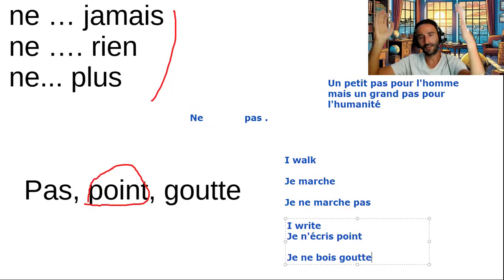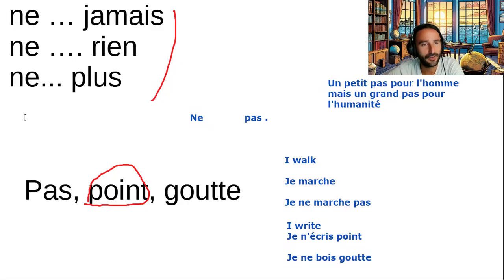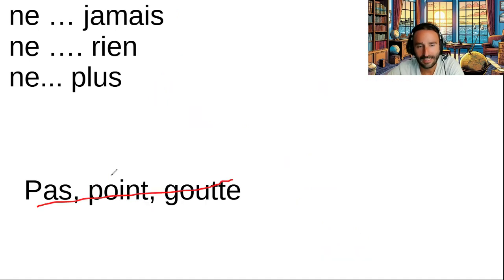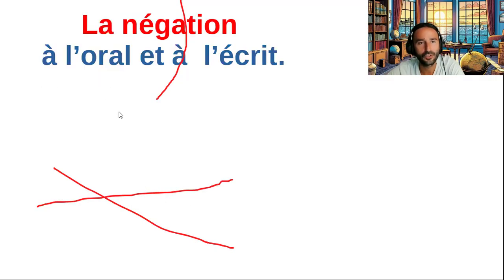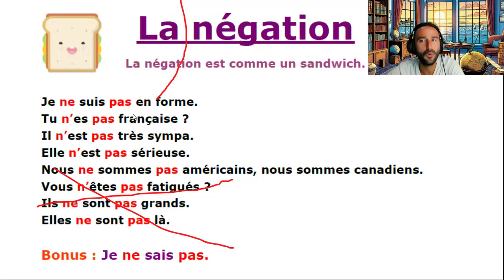But it's just a bit more cultural. It's not necessary to understand this. It's important not for the first level, but for the second level. Right now just remember ne pas, or just pas when we speak.